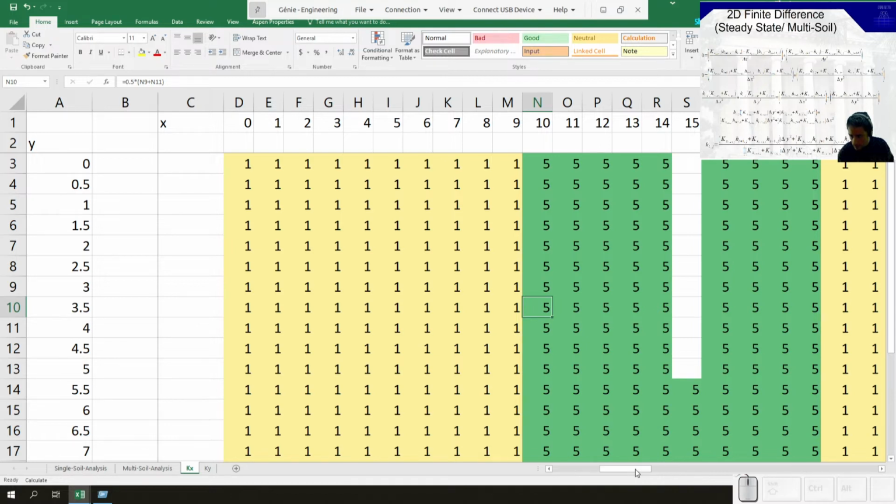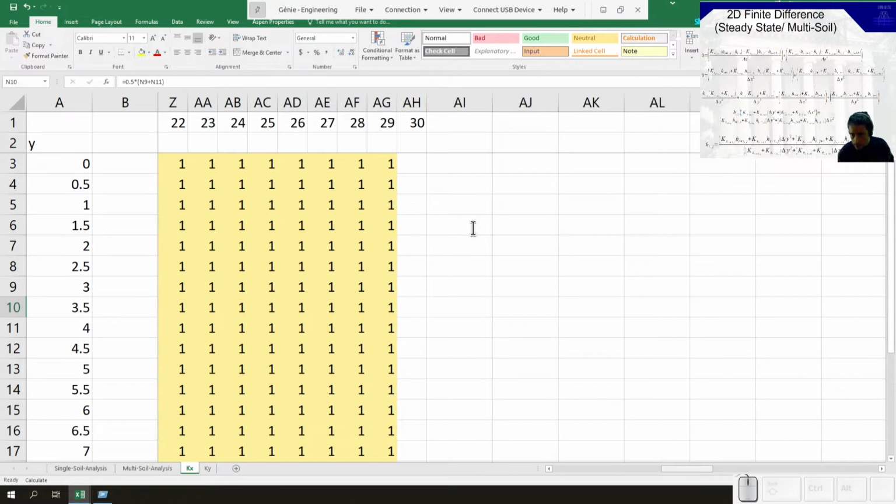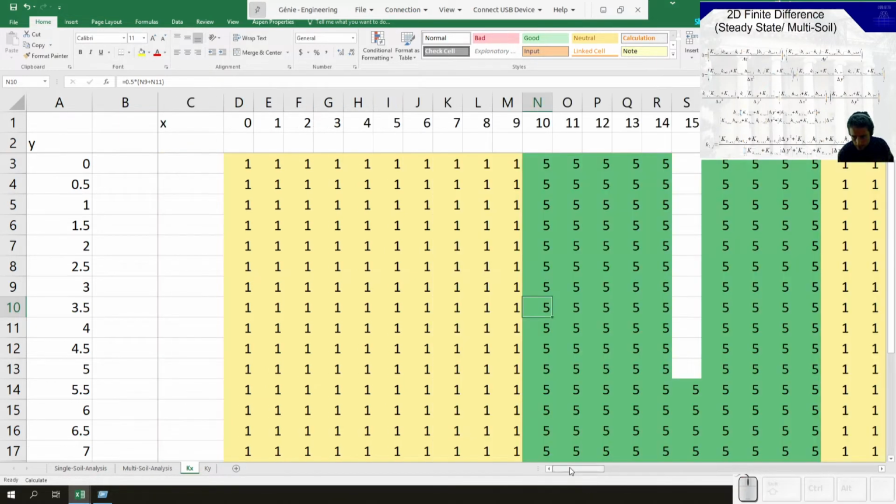Again, I need to make sure that we have it correct. Yes. Okay. So we are considering kx for this row. Oops.